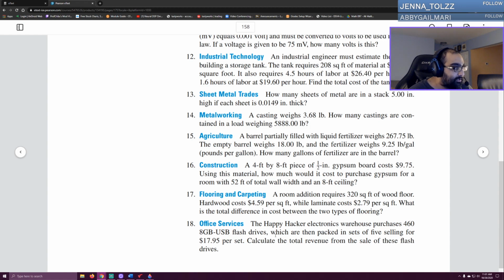number 17. A room addition requires 320 square feet of wood floor. Hardwood costs $4.59 per square foot, while laminate costs $2.79 per square foot. What is the total difference in cost between the two types of flooring?